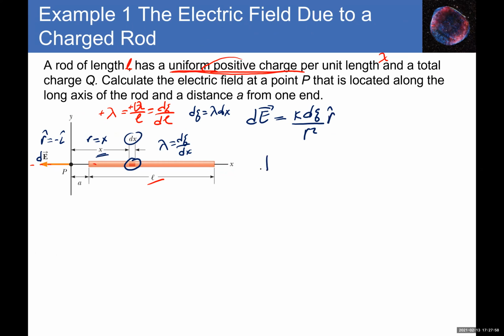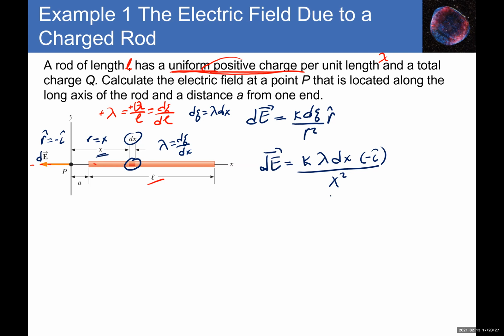Rearranging, dE is equal to k, then dq is replaced with lambda dx, then r hat is negative i hat, and r squared is basically x squared. This is my expression for dE, and again, dE is just the tiny element's contribution at point P.